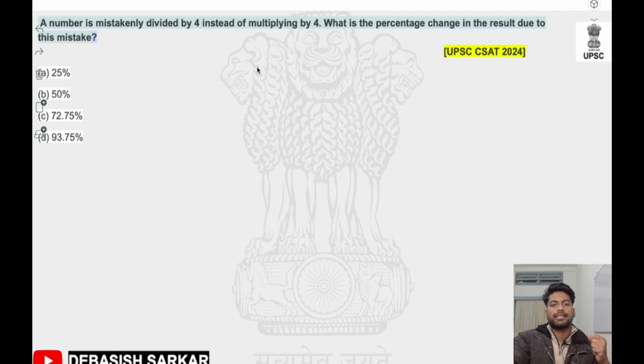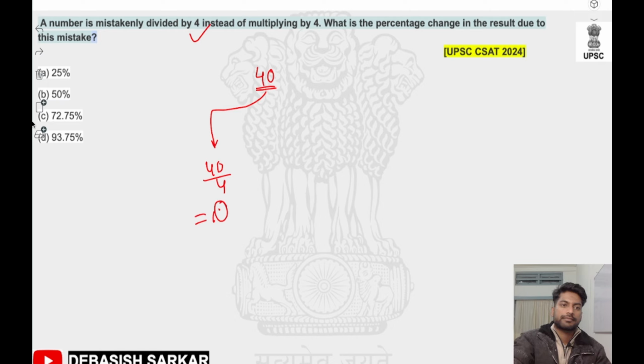Let's say, just take the number as 40. So they just divided by 4. 40 divided by 4, you will get 10. Now the answer is 10. They got the answer 10, but they had to multiply 40 into 4, so 160.